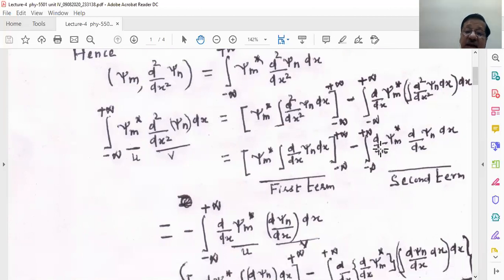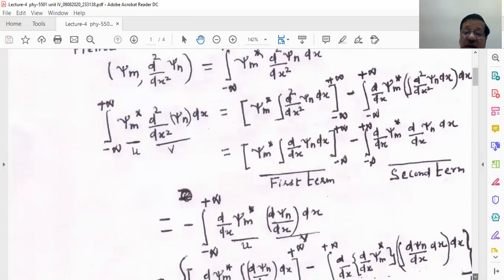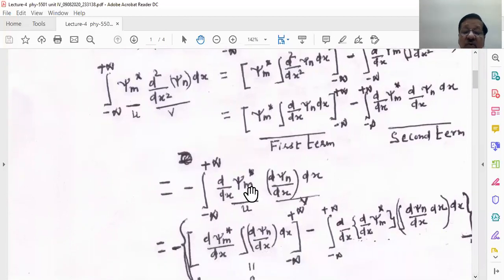So d by dx is here. You have a psi star. Then you have a differentiation of psi with respect to x, so this is d psi by dx, v dx. So again you get an integration, and again there are two functions here, d by dx psi star, and this is d psi by dx.